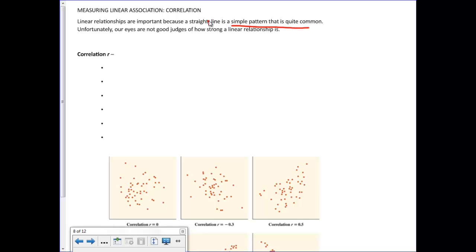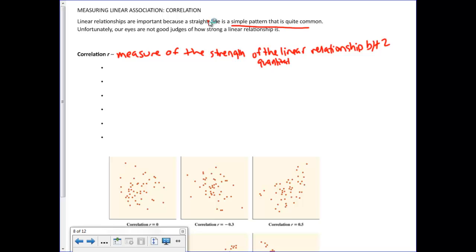Correlation, R, is a measure of the strength of the linear relationship between two quantitative variables.